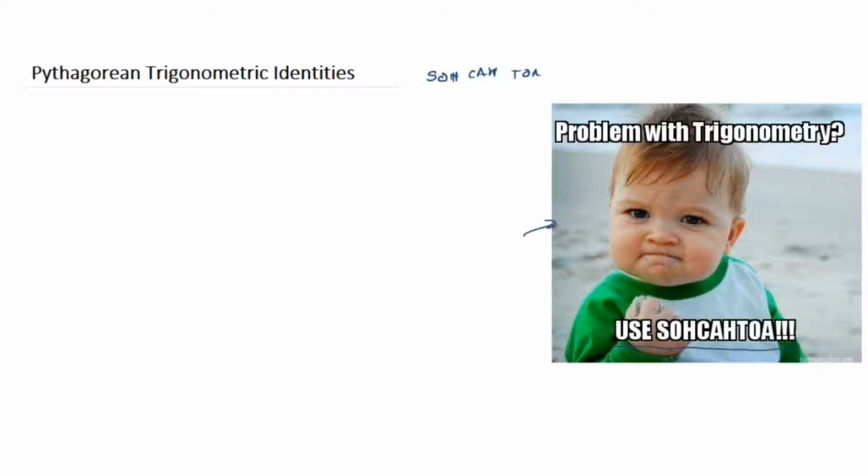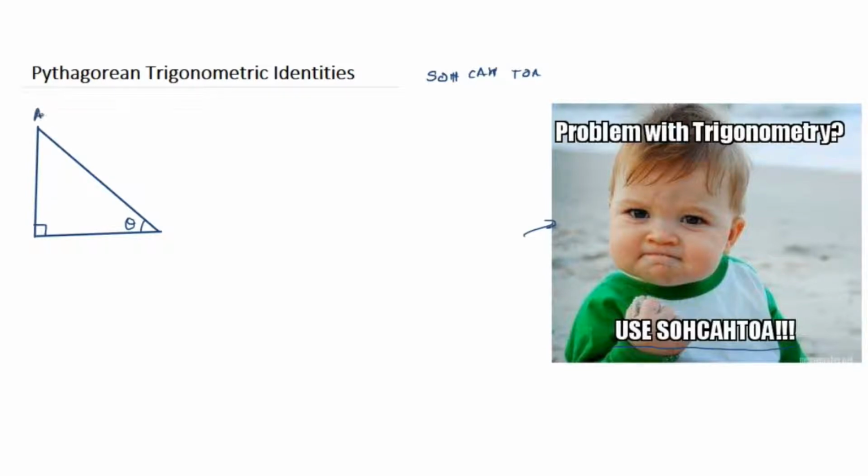Right, so to begin with the Pythagorean trigonometric identities, let me start with a right angle triangle. Let's say this is the right angle that we have in the triangle, and this is some angle, we don't know the measure, but let's call it theta for the time being.